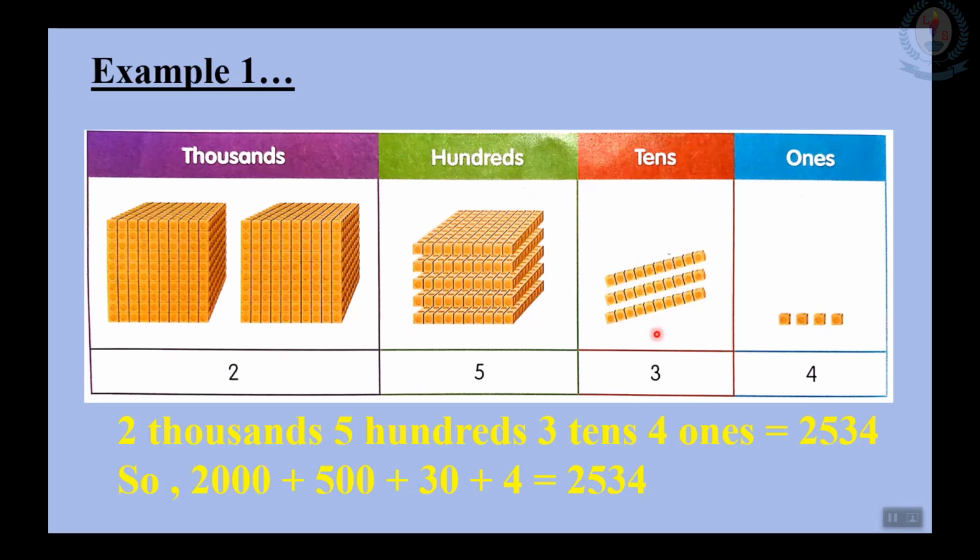There are 3 bars. Then the ones column. There are 1, 2, 3, 4 cubes. So in the thousands column there are 2 thousands, in the hundreds column 5 hundreds, in the tens column 3 tens, and in the ones column 4 ones.